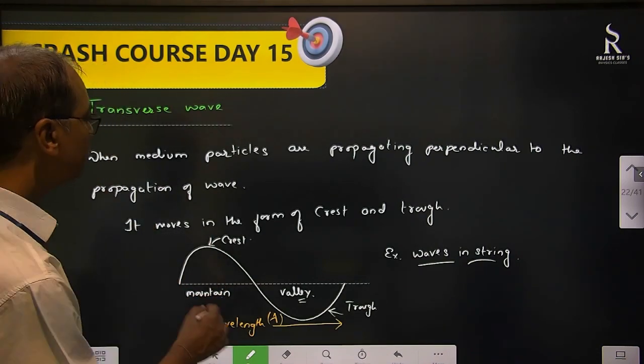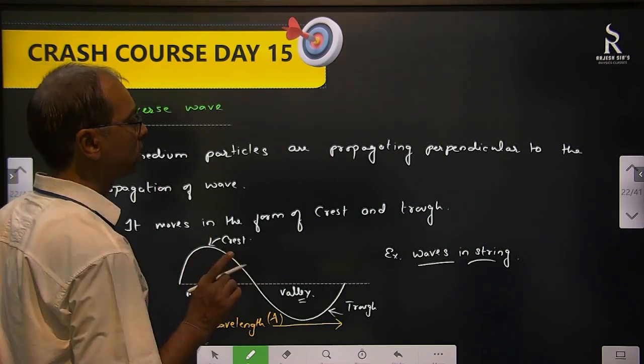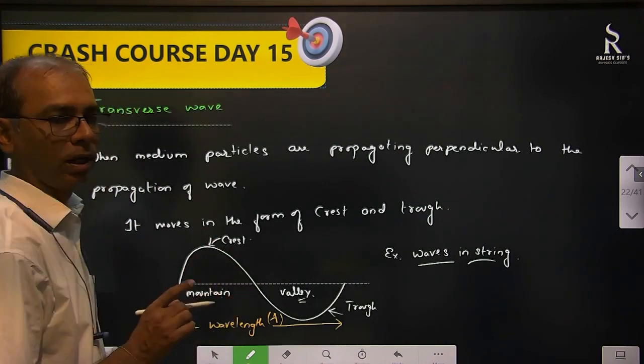Okay. So wavelength is what? Distance traveled by the wave in one time period.